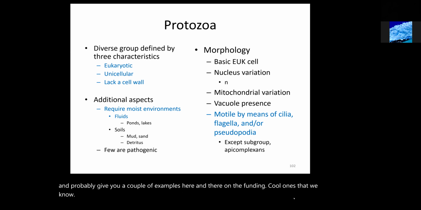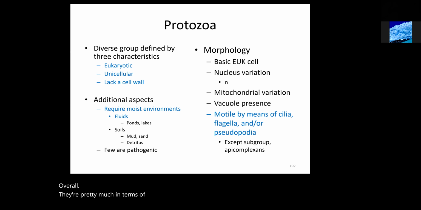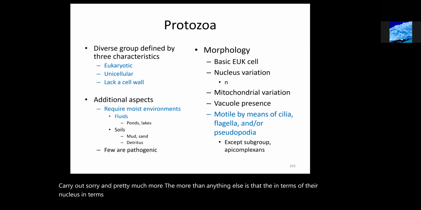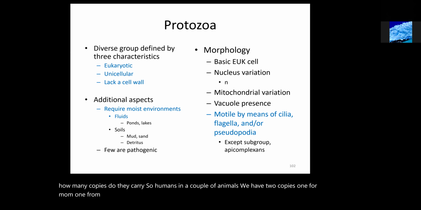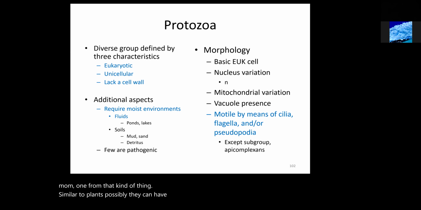Now, overall, in terms of their cellular structure, they're similar to most other eukaryotes. More than anything else, in terms of their nucleus, in terms of the DNA, they have quite a bit of variation in how many copies they carry. Like humans and a couple of animals, we have two copies, one from mom, one from dad. Similar to plants, possibly they can have multiple copies of the exact same chromosome.